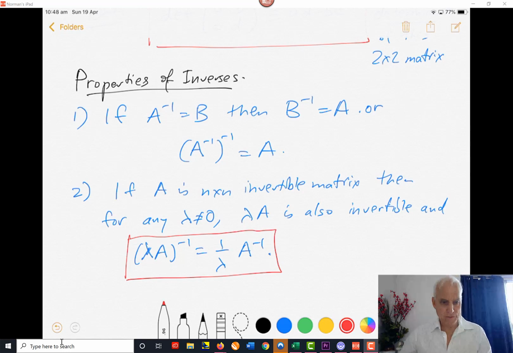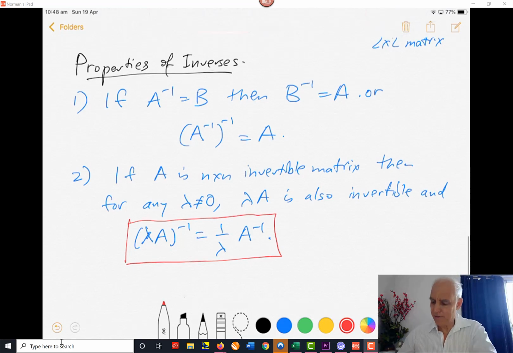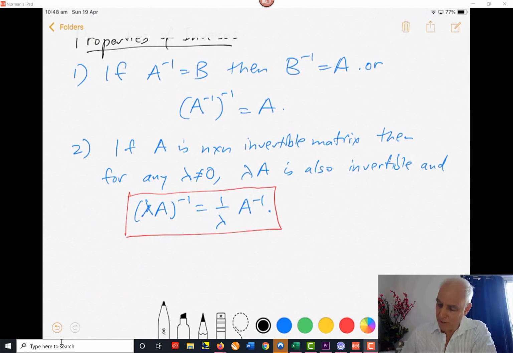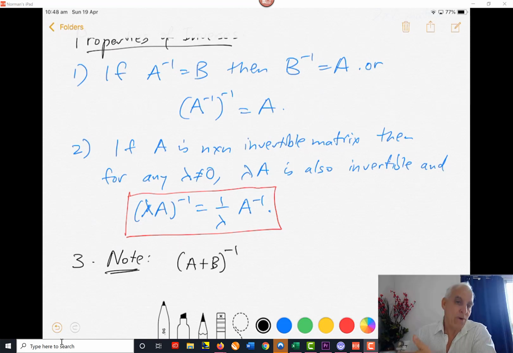How about with respect to addition? Well, for that we have to be more careful, so I'm going to note, just to make sure that you don't think that inverses behave well with respect to addition, that if you have two matrices A plus B and you want to take the inverse of the sum, this is in general not equal to A inverse plus B inverse, okay?